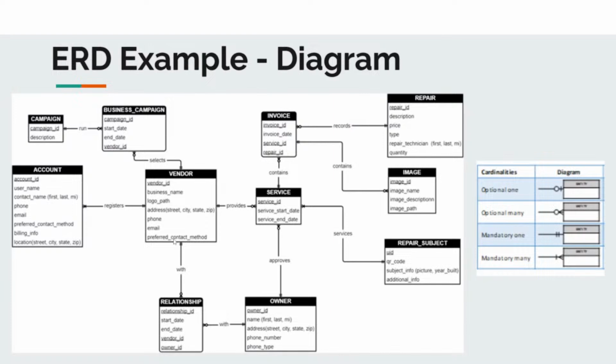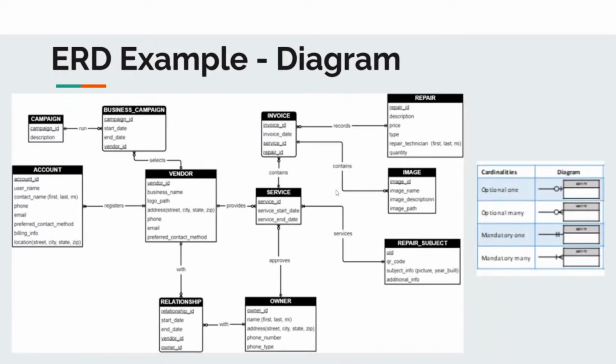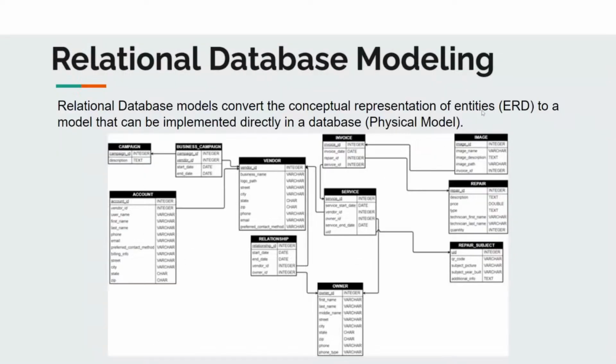All right. So relational database modeling, you'll probably see this one the most. Almost all systems do this to some degree, whether they've just added a bunch of tables and relationships all the time. Relational database models convert the conceptual representation of entities to a model that can be implemented directly in a database, which is a physical model.